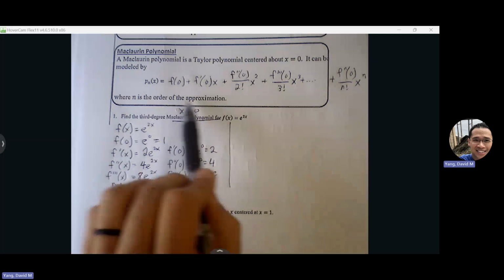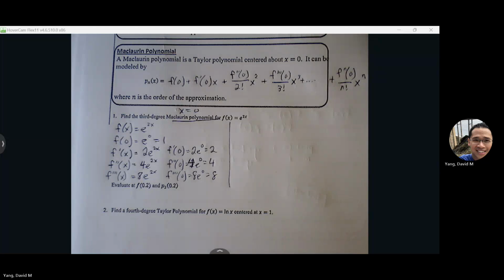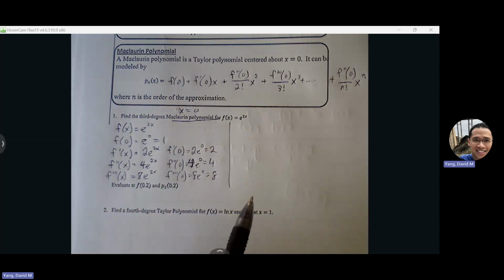So we're going to put this into a Maclaurin polynomial. And it's going to basically look like one of the curves that I showed you from Desmos. It's going to have the first, second, and third derivative matched up. So it's going to look like that e to the x graph up to a certain point, but it's only doing a good job approximating up to that certain point. But let's build that Maclaurin polynomial.